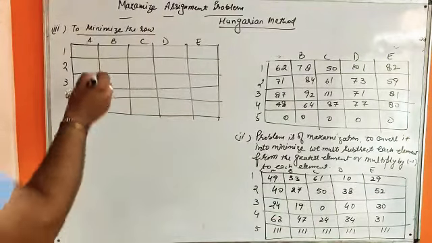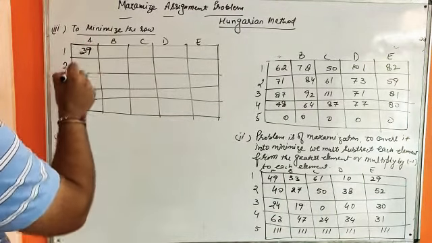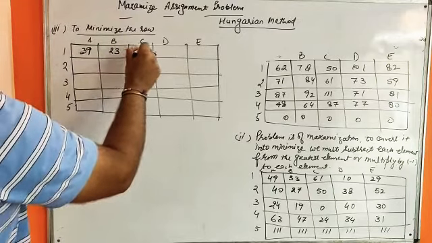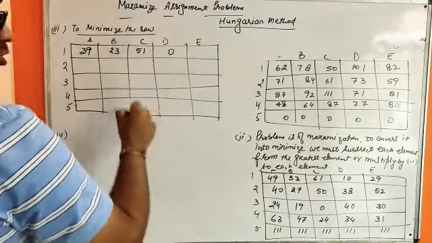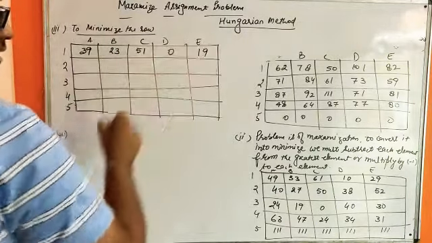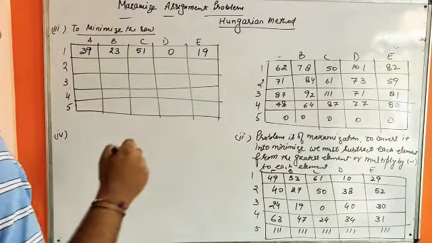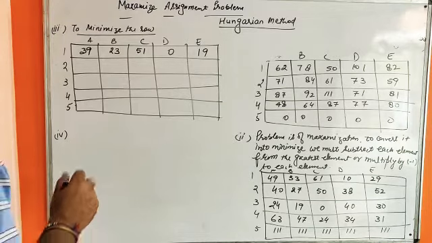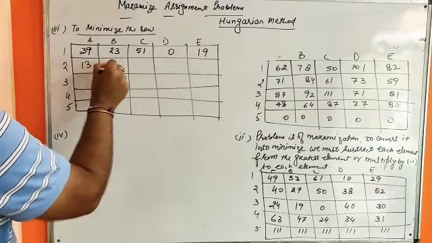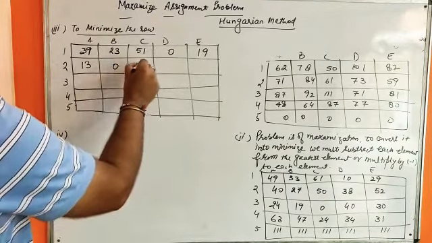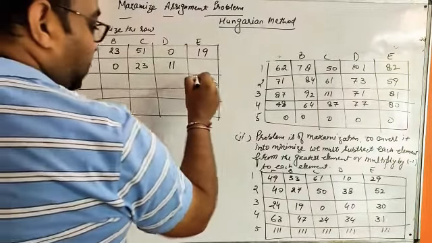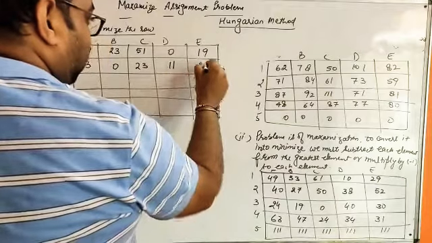That is 49 minus 10, that is 39. 33 minus 10, 23. 61 minus 10, 51. 10 minus 10, 0. 29 minus 10, 19. Same as in the second row, the minimum element is 27. So subtract it. 13, 0, 23, 11 and 25.